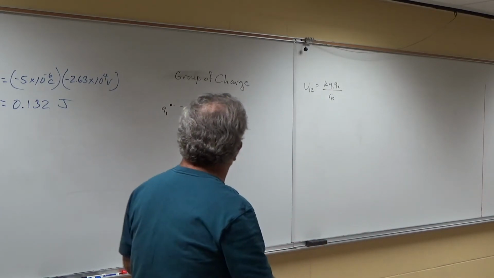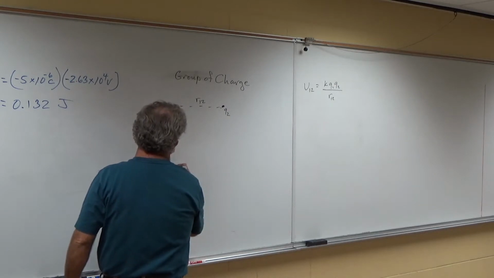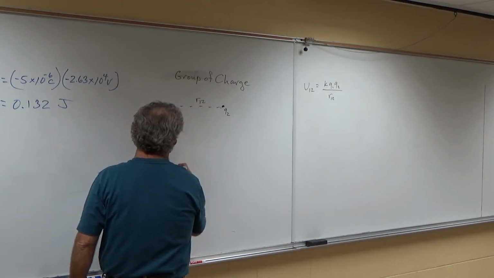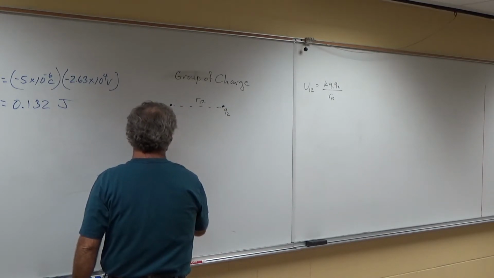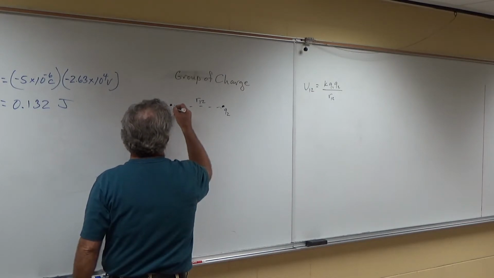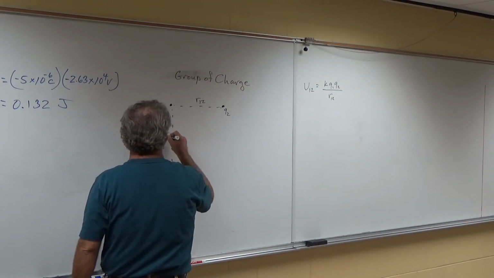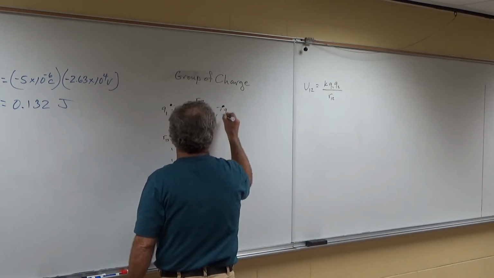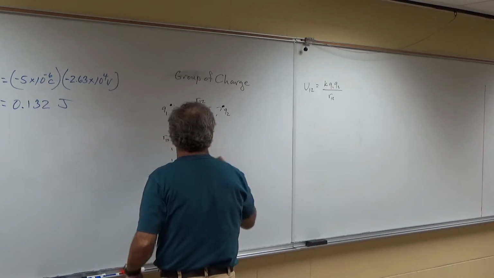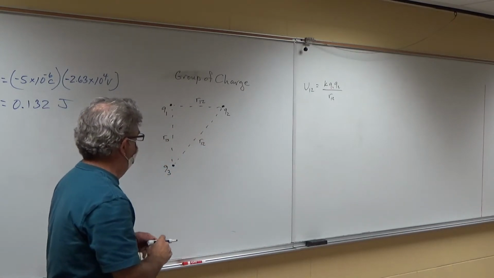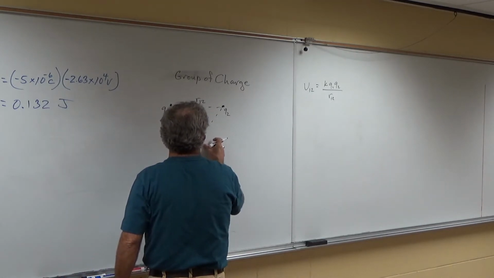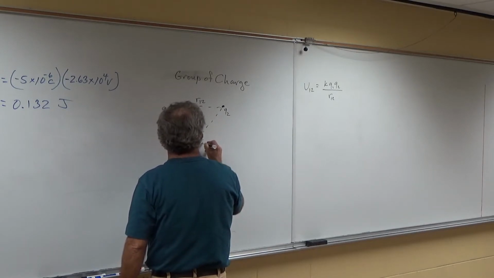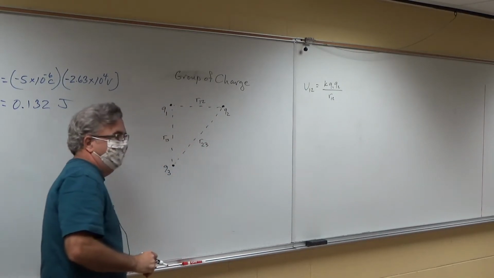Now, I'm going to bring in a third charge. Put it down here, Q3. So here is R13, and this distance is R12, and this one is R23.